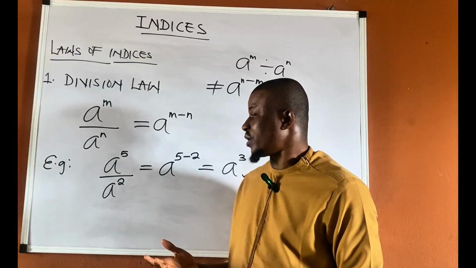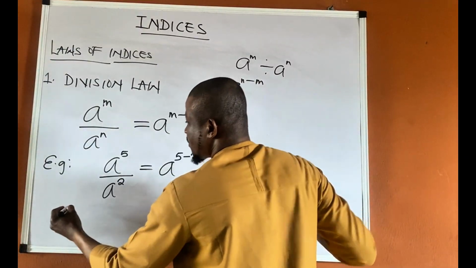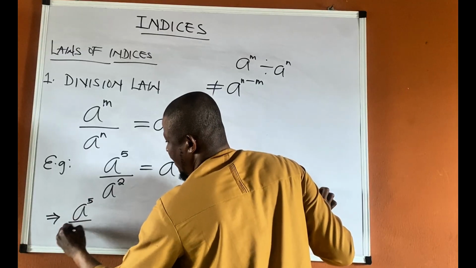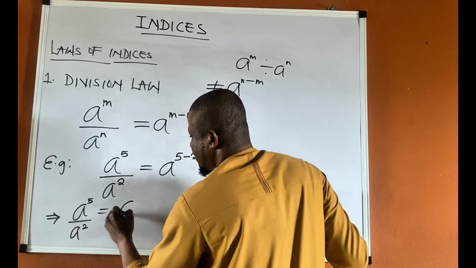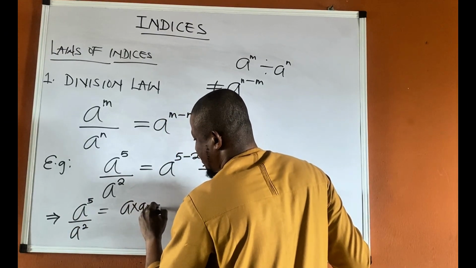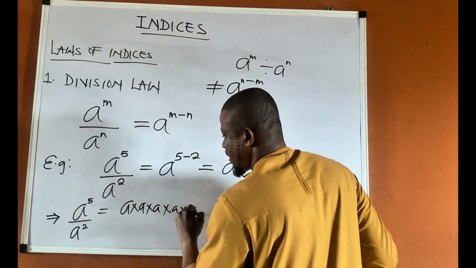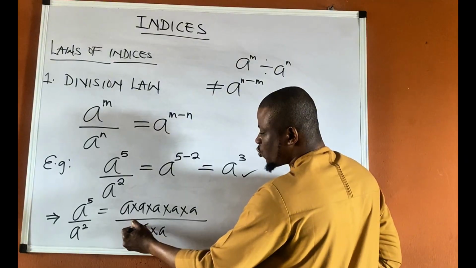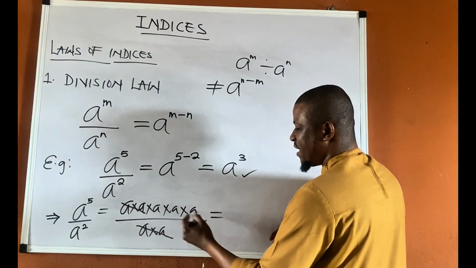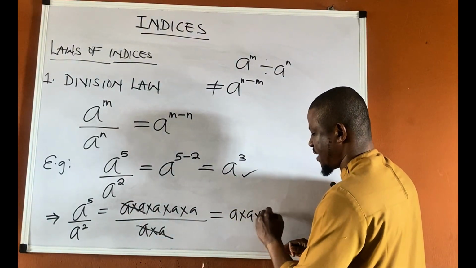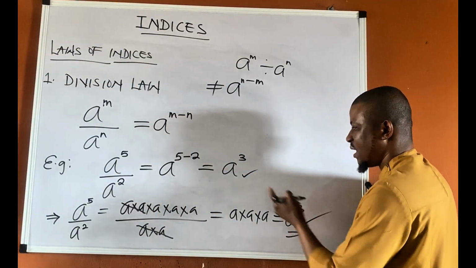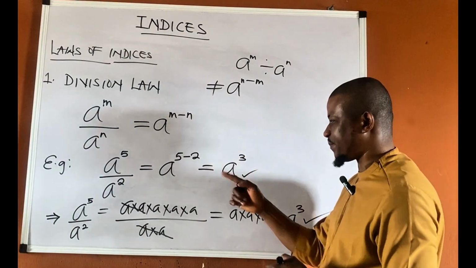This is practically correct because if you want to split this out, a to the power of 5 divided by a to the power of 2 is a times a times a times a times a divided by a times a. And if we strike out 2 of these, we'll be left with a times a times a, which is a to the power of 3. And this corresponds with this.